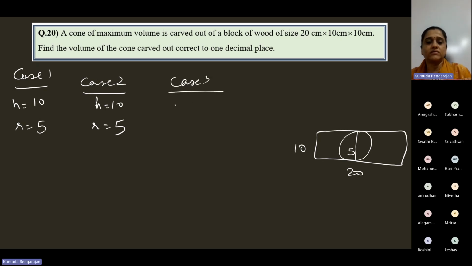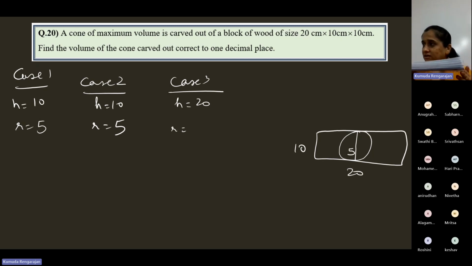Case 3 is you're using the side faces, this side and this side. So the cone will come out like this. You're pulling out the cone like this. So this becomes the height of the cone. The height of the cone is 20. The apex is here and the circle is here. So this rectangle, what are the dimensions?